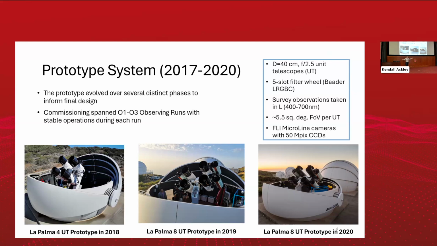This is really wide. In terms of looking at the blue to red color evolution of these transients, we're not particularly mindful of what that transition looks like. We just want to collect photons. Each one of these telescopes is about 5 square degrees, and we have the cameras for people who are interested.